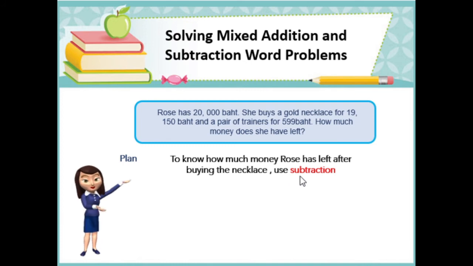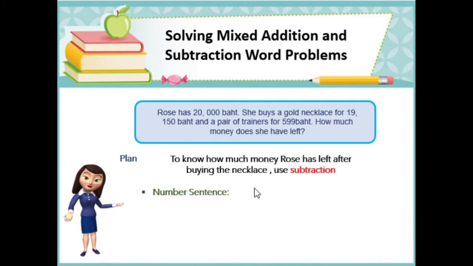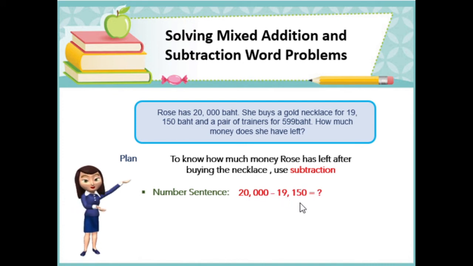Let's focus first on buying the necklace. So our number sentence for this one is 20,000 baht minus 19,150, because it's the cost of the necklace.